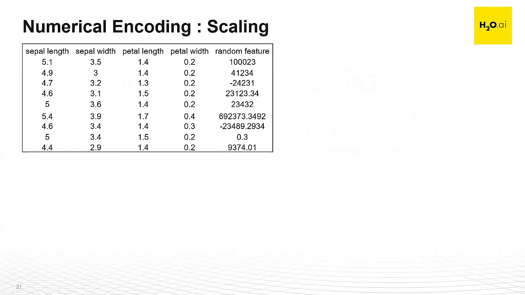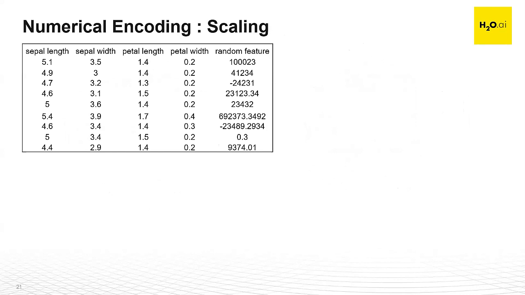Another technique that could be used is scaling. I have this iris data set to which I have just added a random feature. And that feature, as you can see, has a very different range, very big values compared to other features. This can be a problem for machine learning.